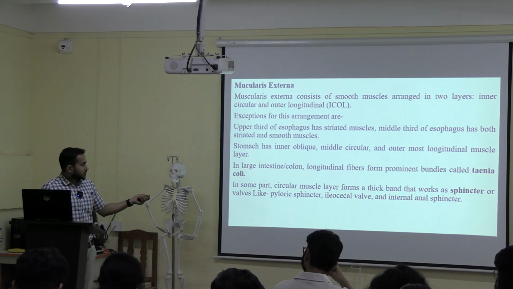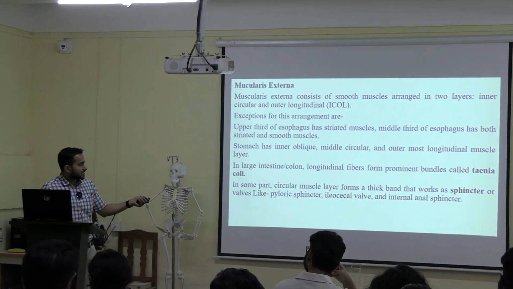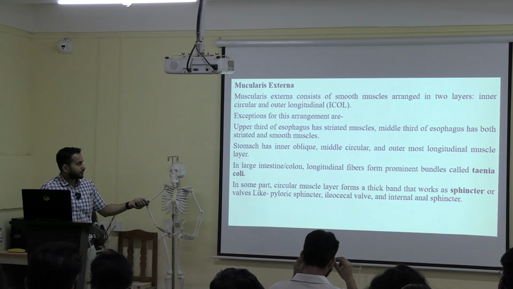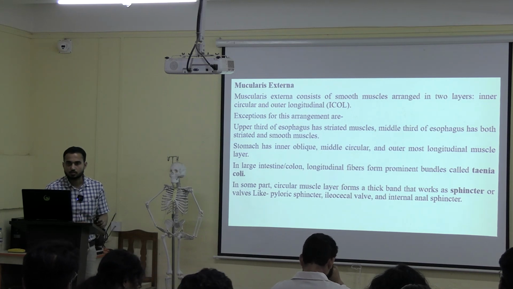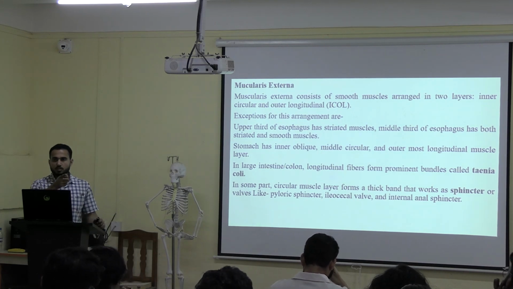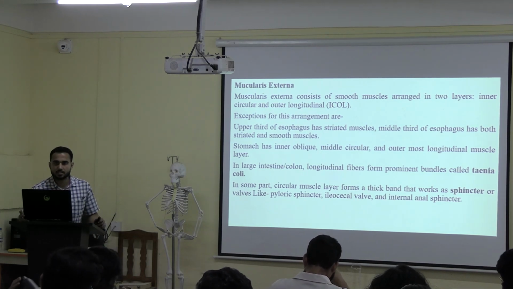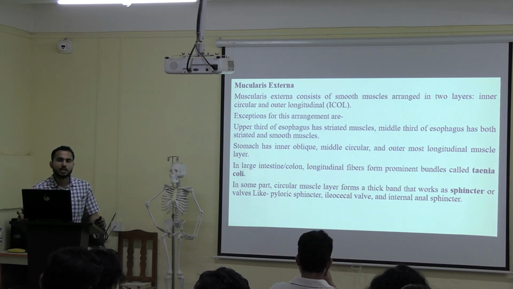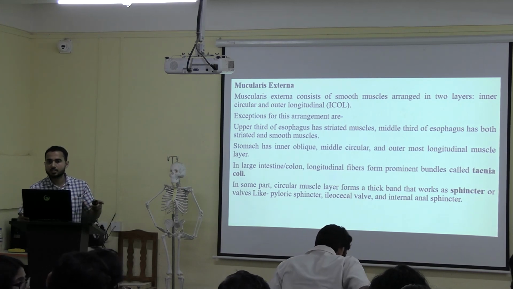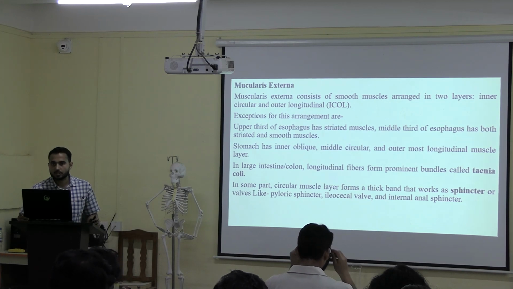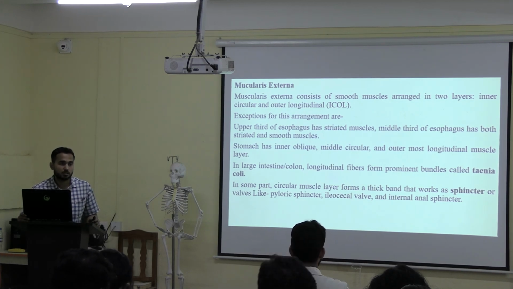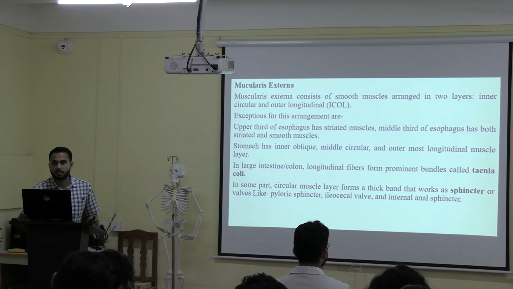Other modifications are also there, especially in the large intestine. Longitudinal fibers form prominent bundles called teniae coli, which can be seen externally. I hope next week, or the week after, you will be studying the large intestine, where you have to see this distinct feature, the teniae coli. Then haustrations, or sacculations, then appendices epiploicae.